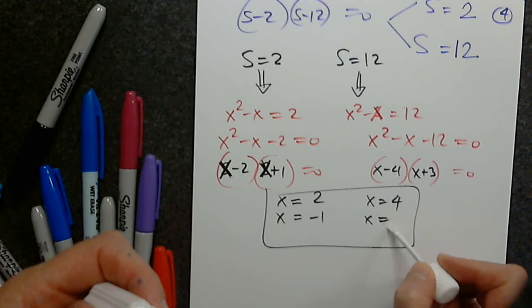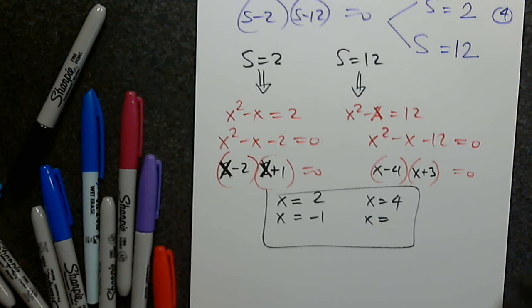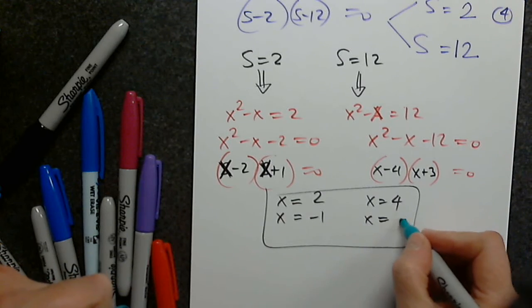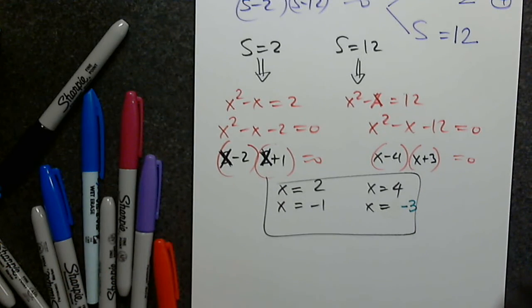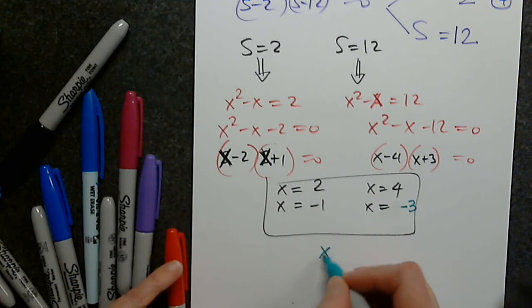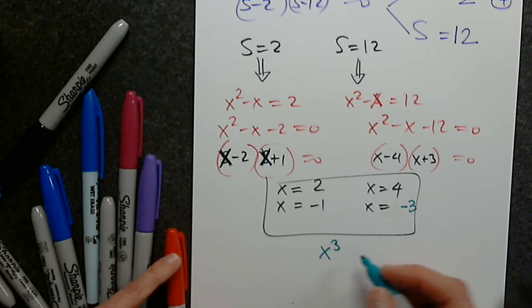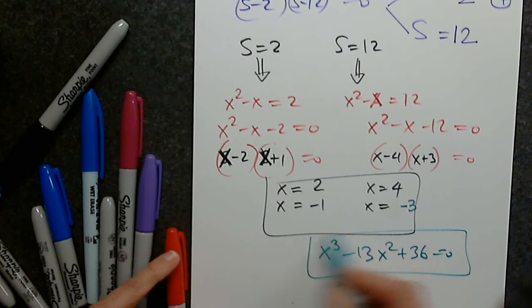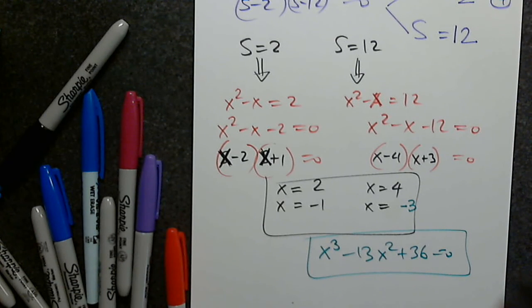So if it's not applicable, and I'll show you an example just to discuss it, then it's not applicable. So for example, if I have the same thing, but I have x cubed, previous problem, minus 13x squared plus 36 equals 0, this is not quadratic in form.